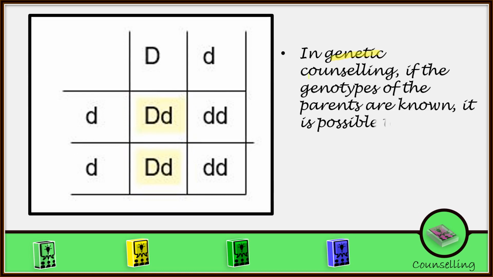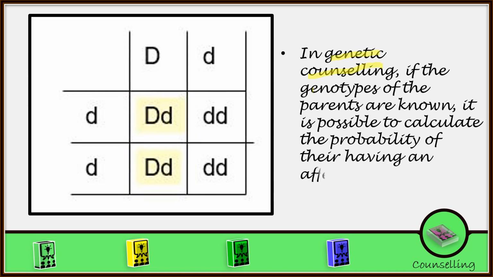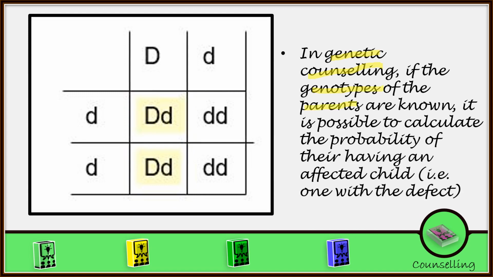In genetic counseling, if the genotypes of the parents are known, it is possible to calculate the probability of their having an affected child.